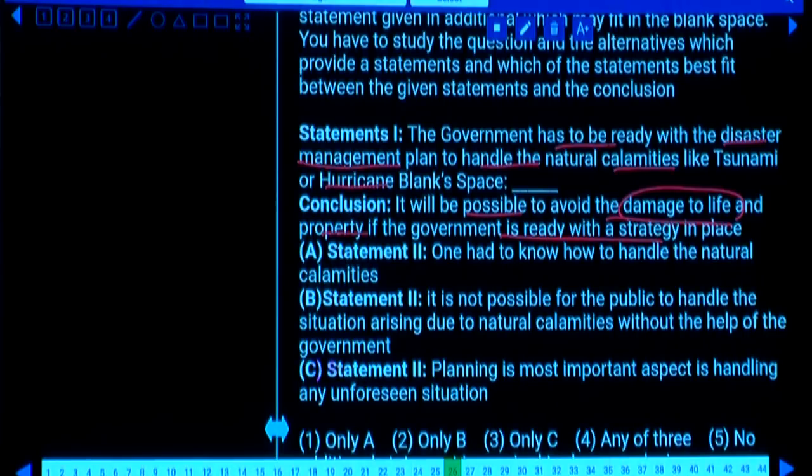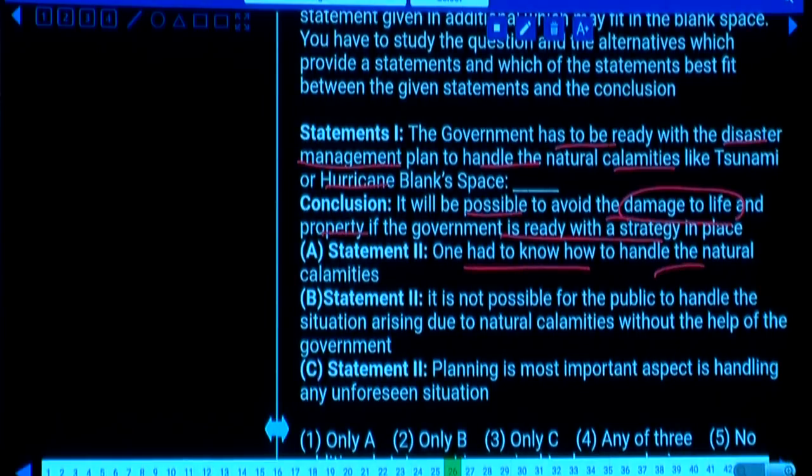You need to know how to work them out first, how to implement the strategy, isn't it? Then what is required here? A strategy for implementation is required. Then one has to know how to handle natural calamities, isn't it? As one knows how to handle natural calamities, the damage can be decreased. Hence, is one required or not?